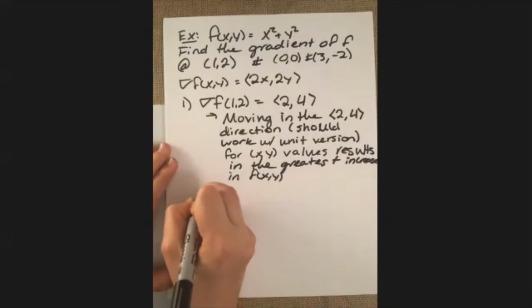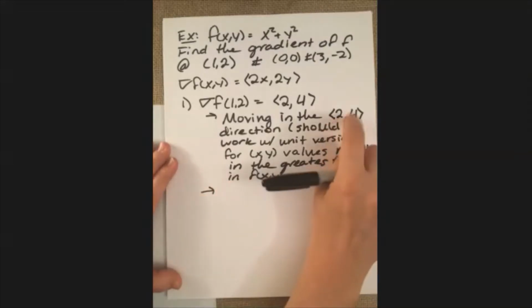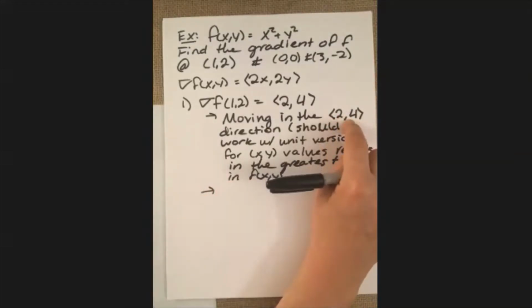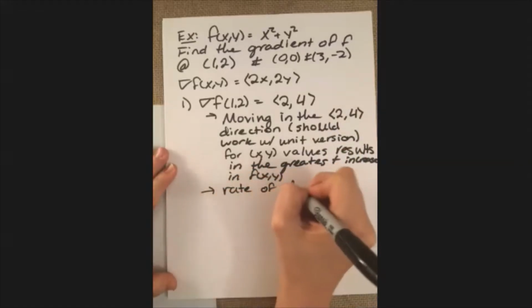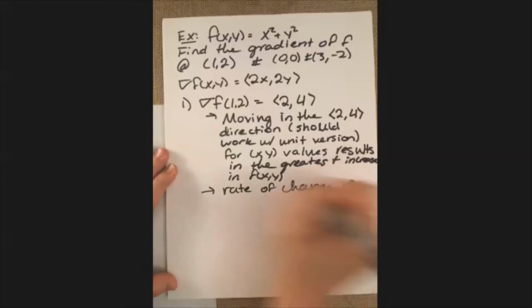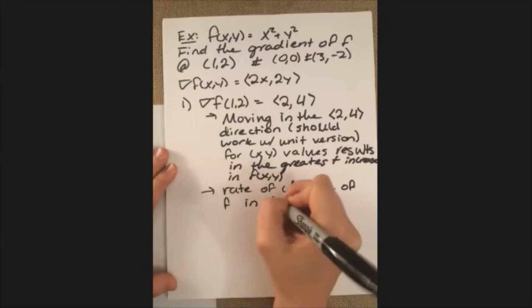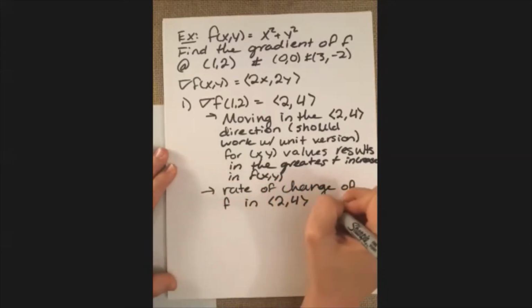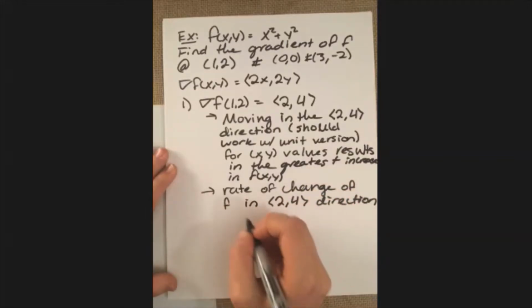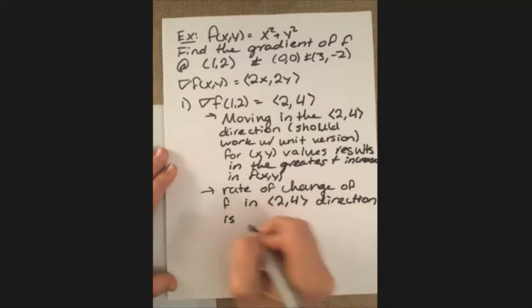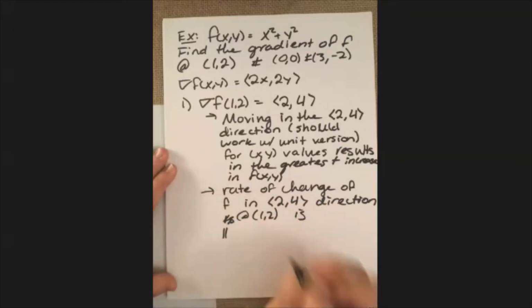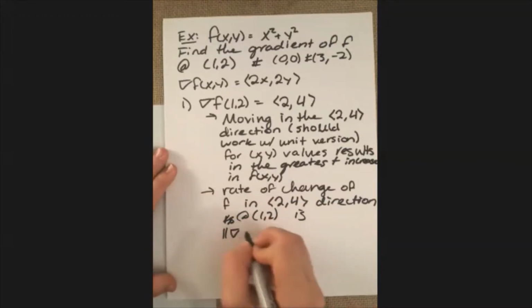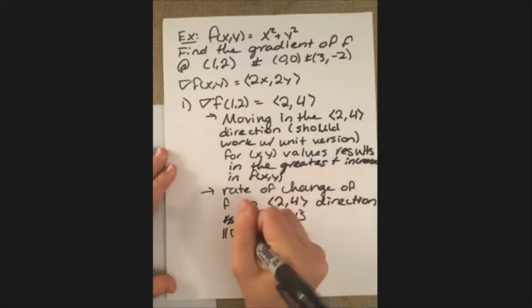The other piece of information is the rate of change in the (2, 4) direction. The rate of change of f in the (2, 4) direction, specifically at the point (1, 2), is given by the length of that vector, the norm or the magnitude, whatever word you want to use.